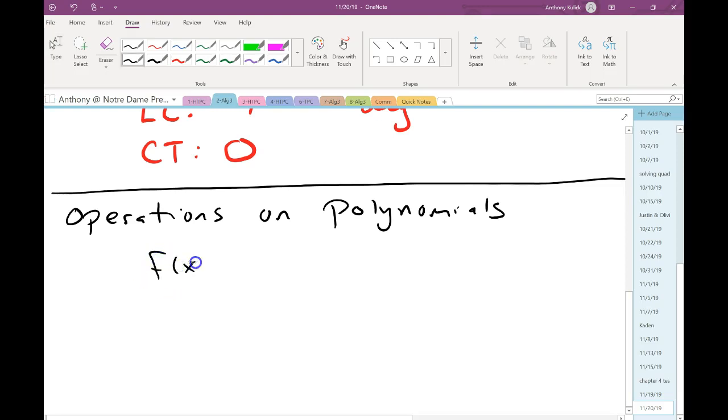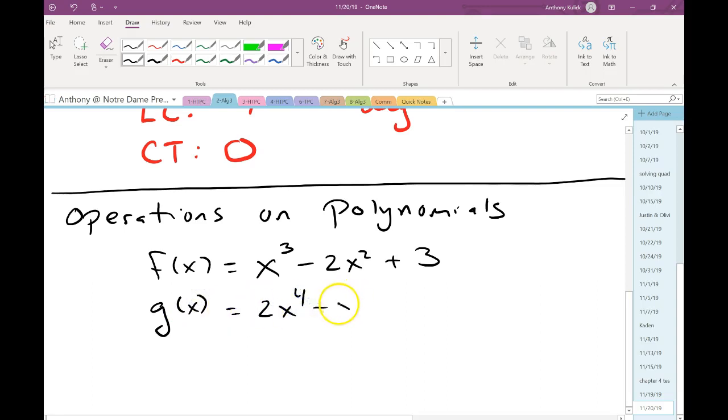Let's say we have our f of x, which is x cubed minus 2x squared plus 3, and a g of x, which is 2x to the fourth minus x cubed plus 2x minus 4. Okay with that?